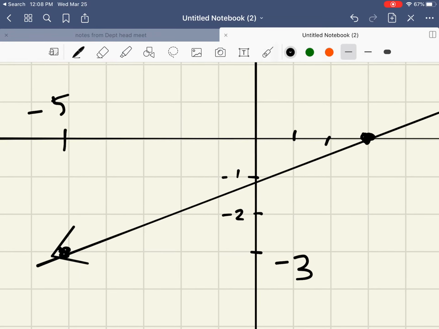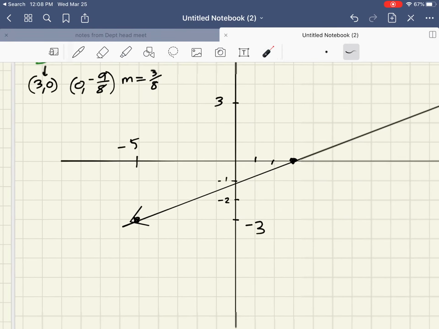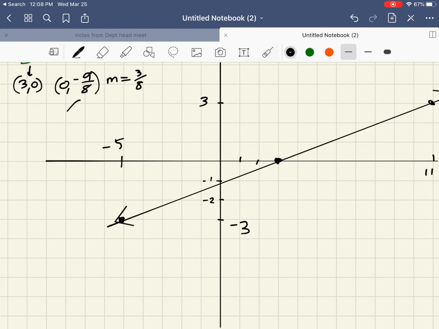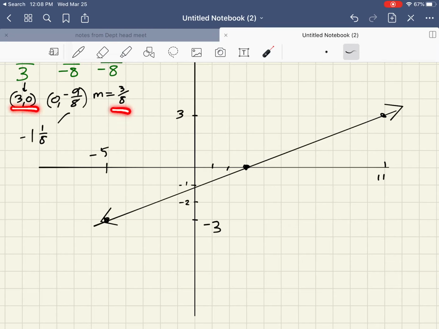If you look, that value is just below negative 1, and our negative 9/8 is the same as negative 1 1/8, or negative 1.125. So again, it gives me the confirmation that my line is correct, because using this slope and that x-intercept, we do also get that y-intercept. And that's how you graph from standard form.